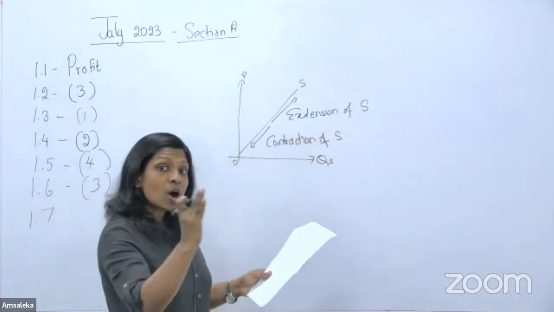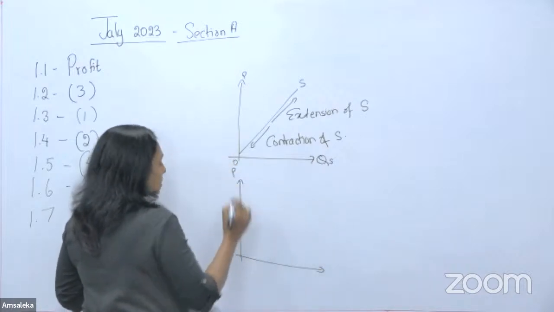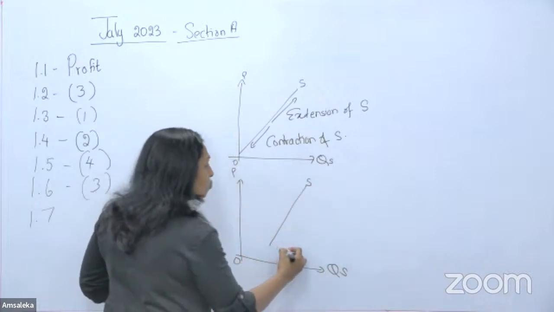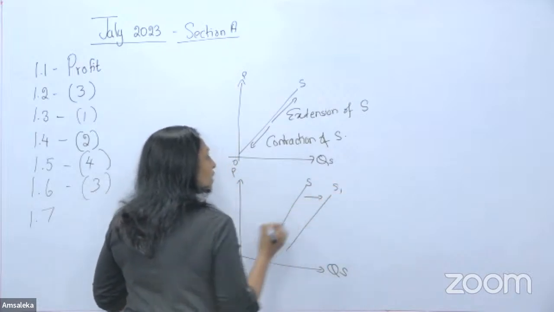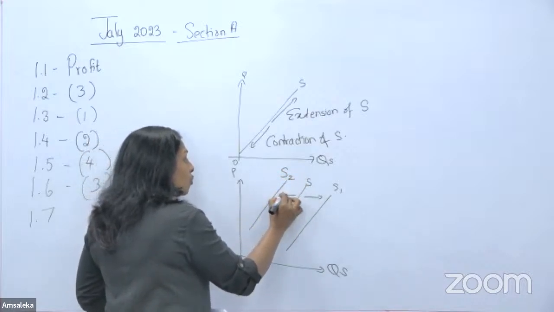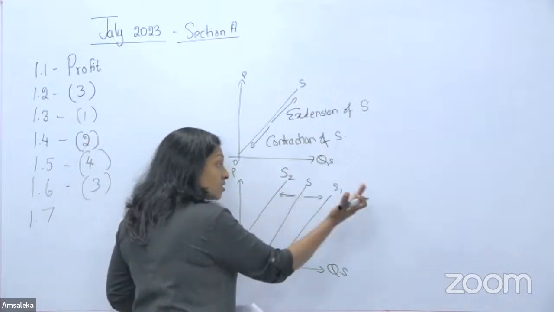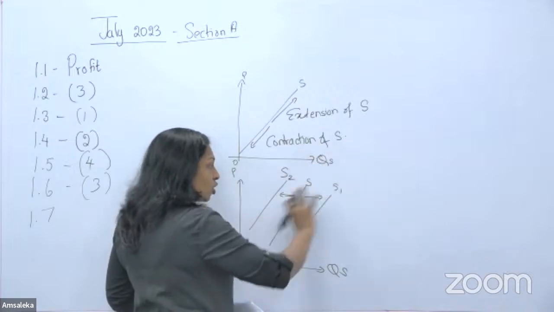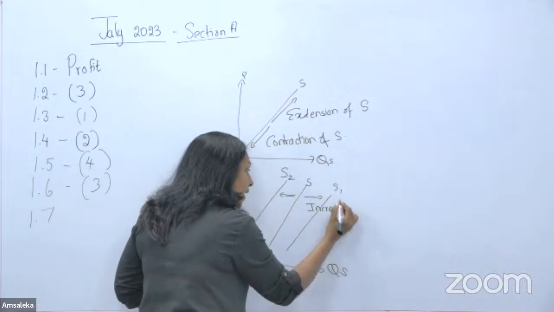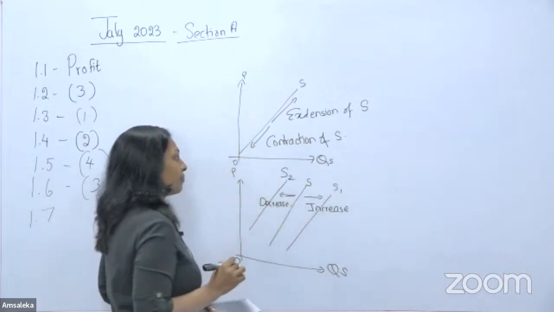But they asked about movement to the rightward. This is the original supply, moving to the rightward. And also there is a possibility of moving to the leftward. When the supply line moves rightward, it is known as increase in supply; leftward movement is known as decrease in supply.